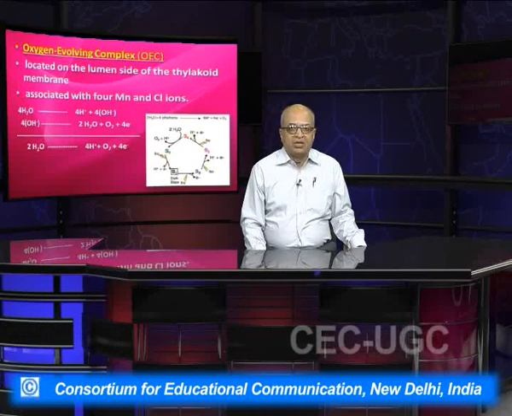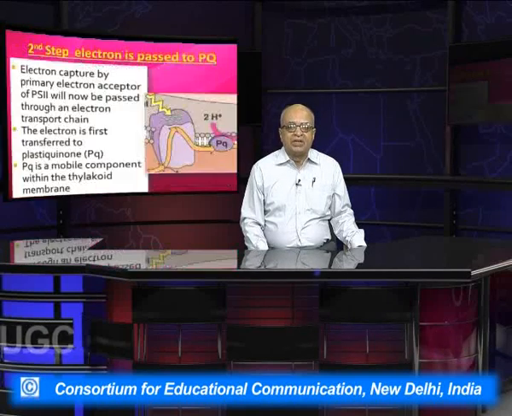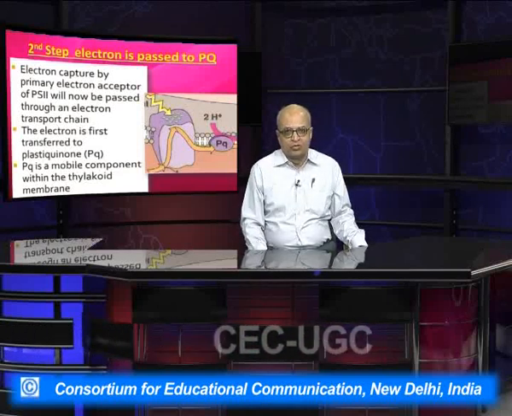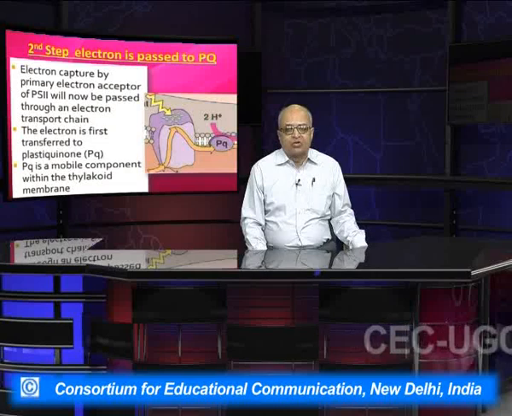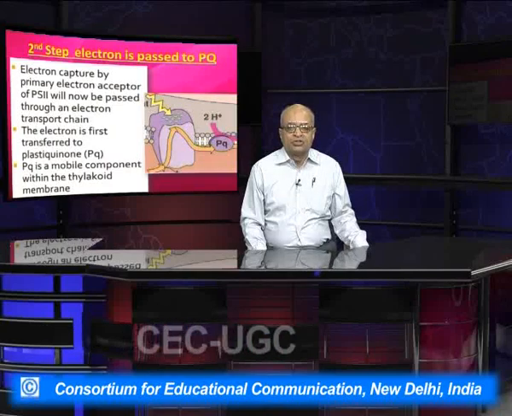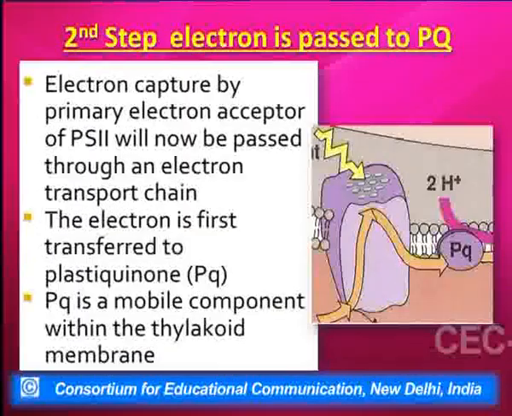This water evolving complex is present at the PS2. The second step after the photolysis of water would be that the electron which has left the chlorophyll molecule, and which has now been adequately compensated by water through its photolysis, has to be captured by some other carrier.